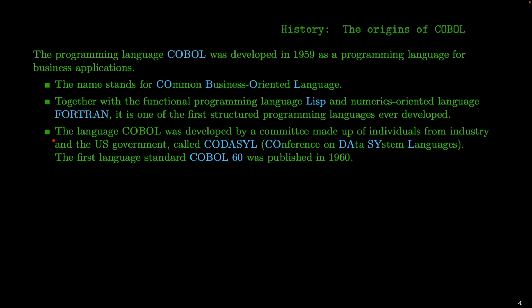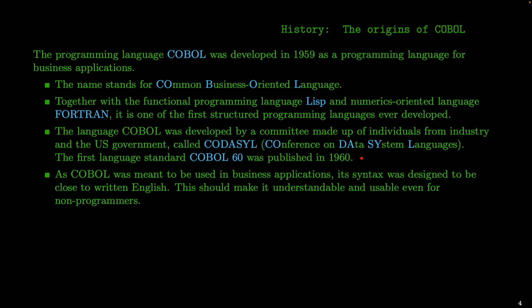It was developed by a committee that was made up of individuals from the industry and the US government. This committee was called CODASYL, the Conference on Data System Languages. And the first language standard, COBOL 60, was published in 1960.